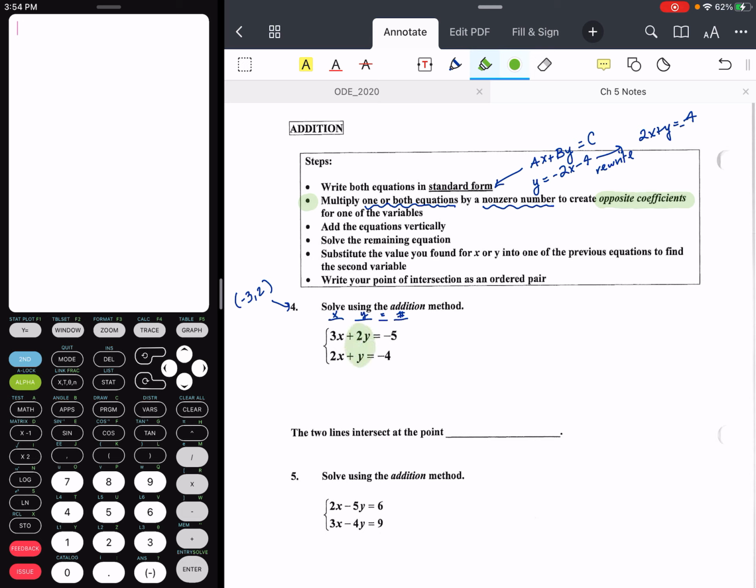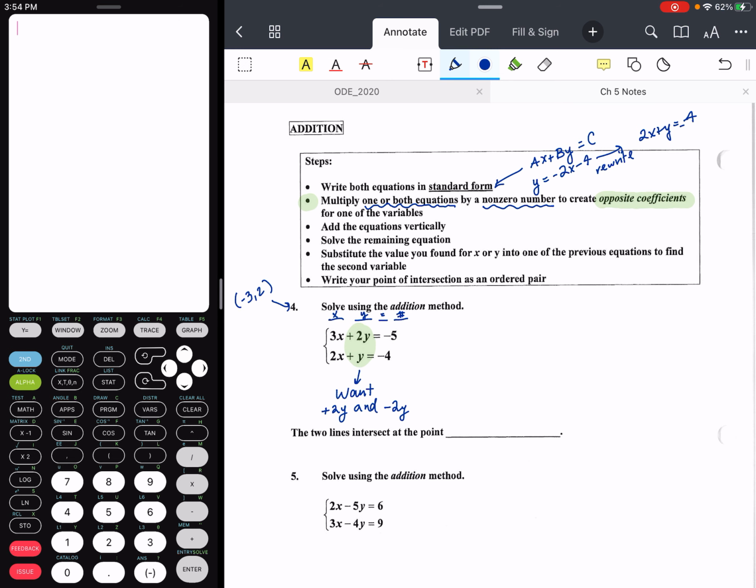So focusing on those y's, by opposite coefficients, that means for y, we would want to have a plus 2y in one of our equations, which we already have, and then we'd want the opposite, a minus 2y in our other equation. So that's what we mean by opposite coefficients, same constant, opposite signs in front of the same variable.